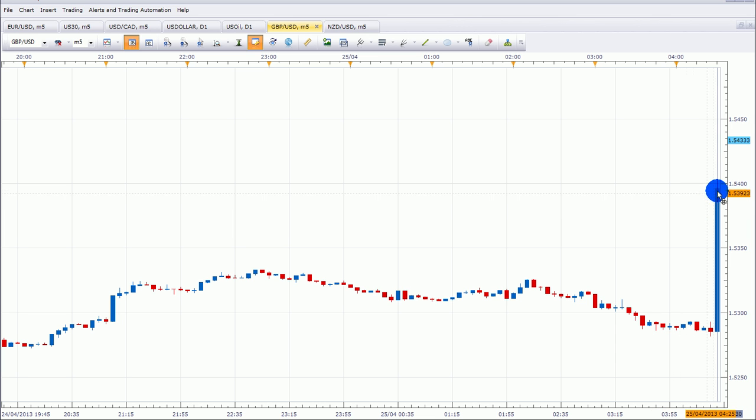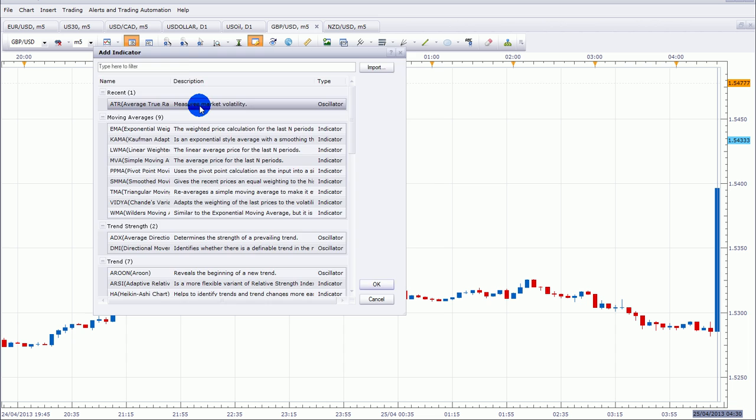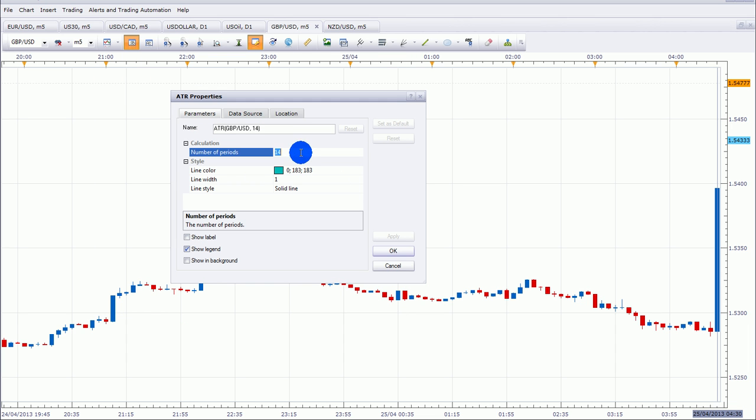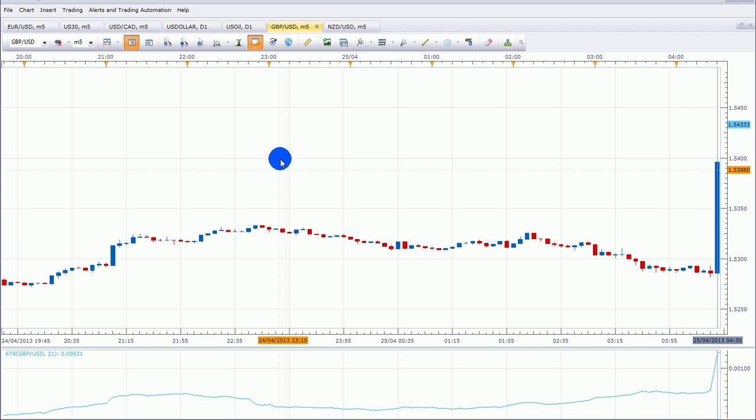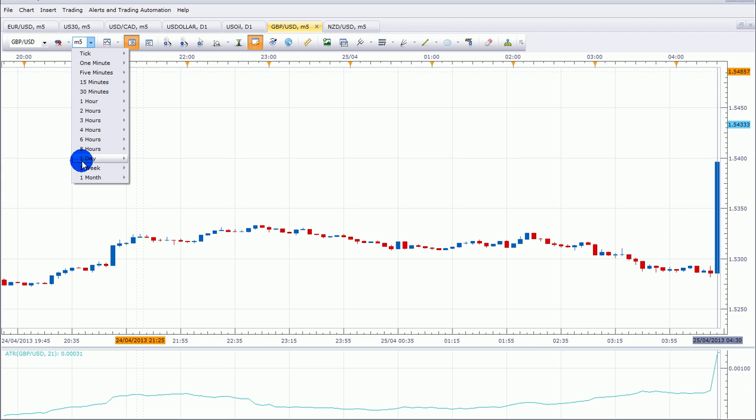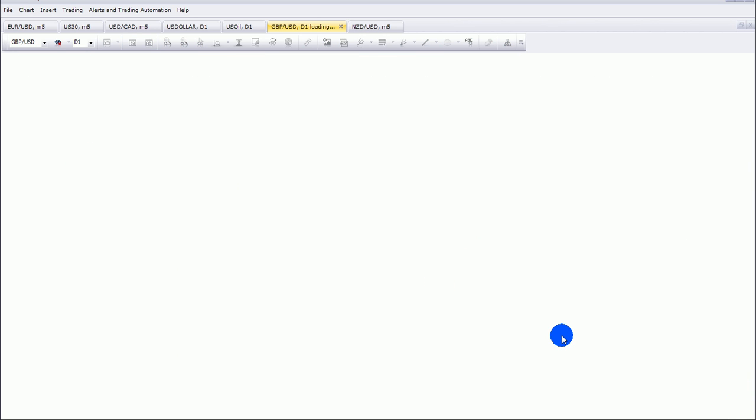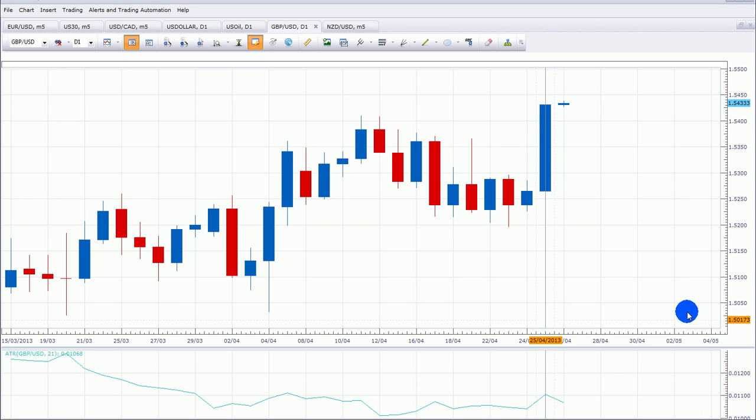In normal circumstances, I would have taken the average true range for the day and measured it from the low. I would have gone to insert, add indicator, average true range, and used a 21 period average true range on the daily chart, which measures 109 pips.